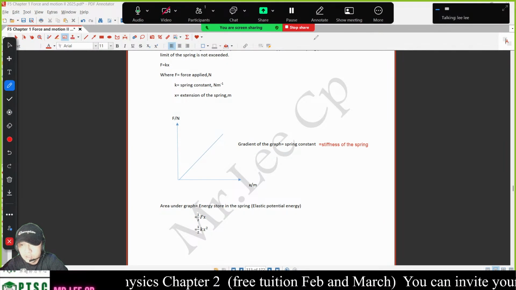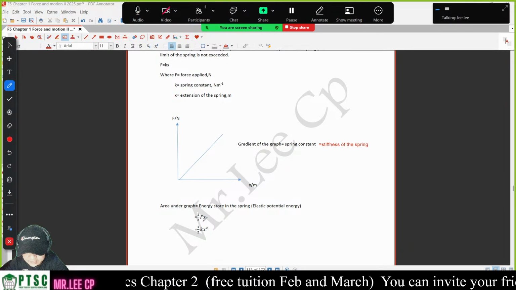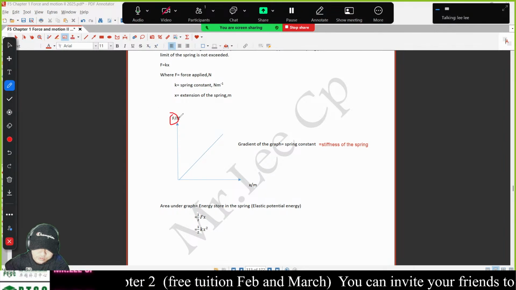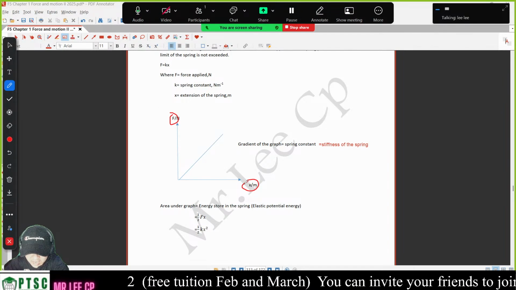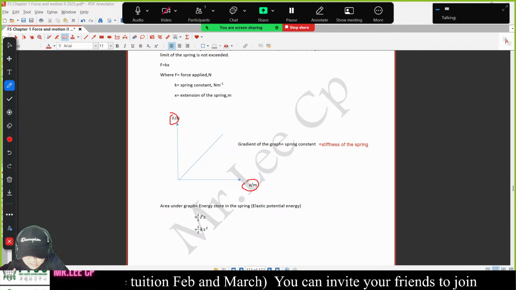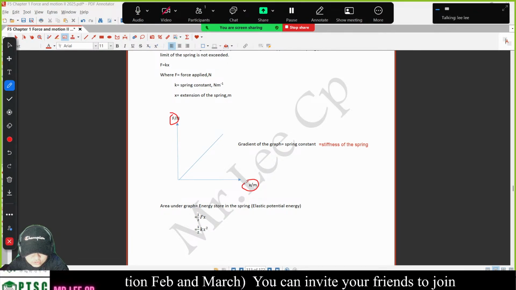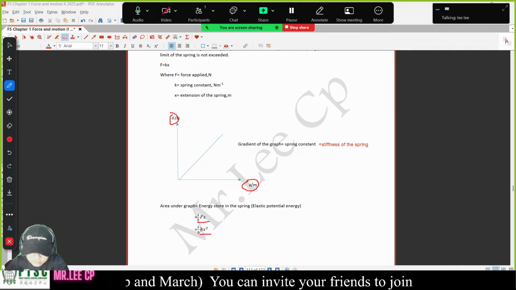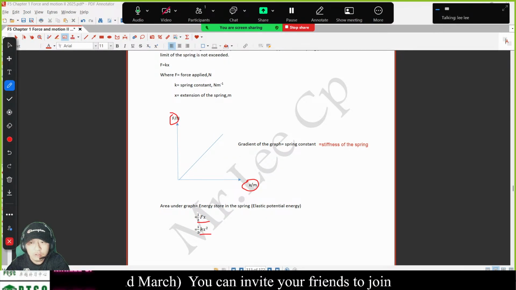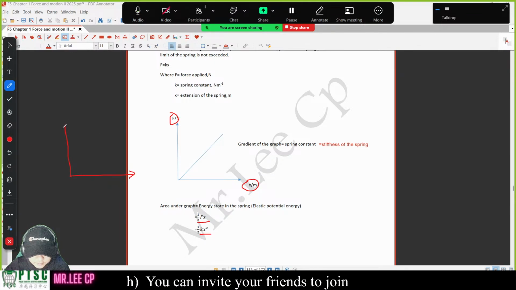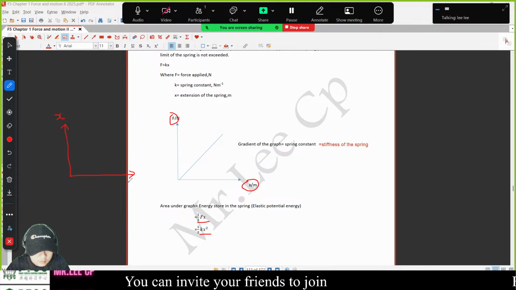Because we are going to find the area under the graph, we plot the graph of F against x by using Hooke's law. But if we are not using area, we don't find the energy. So normally in paper 3, we plot this way: x here, F here.